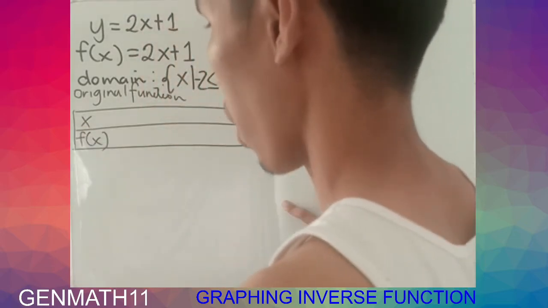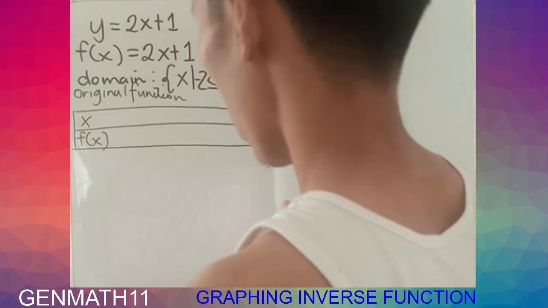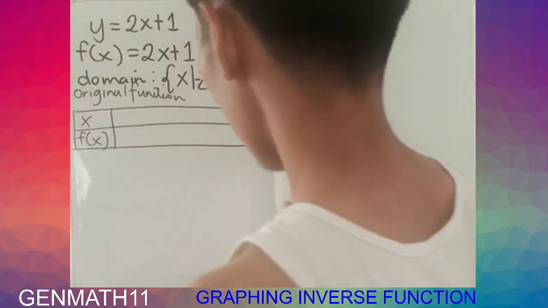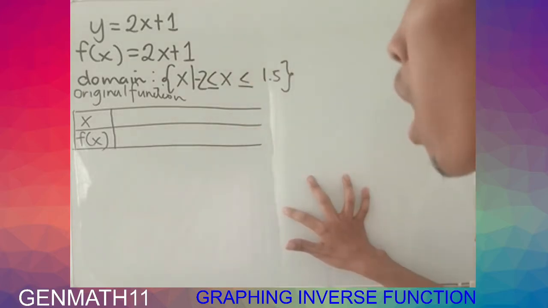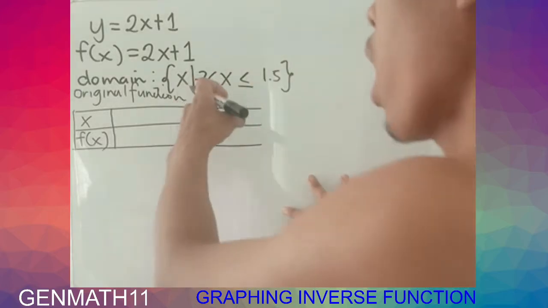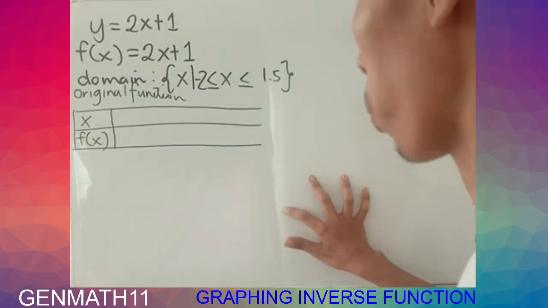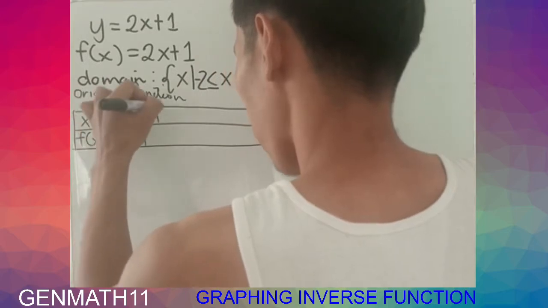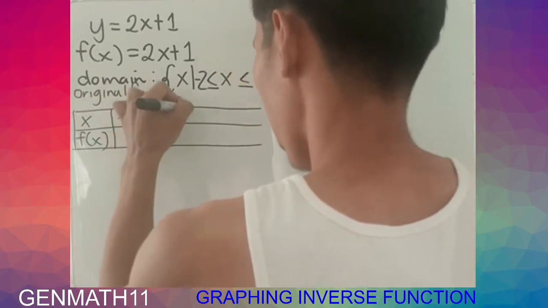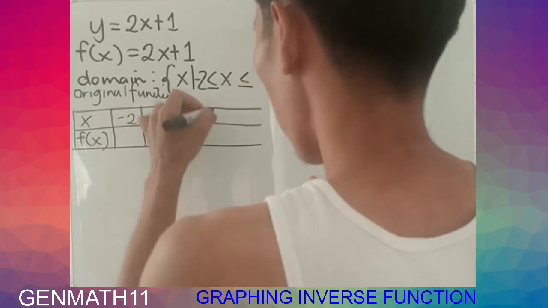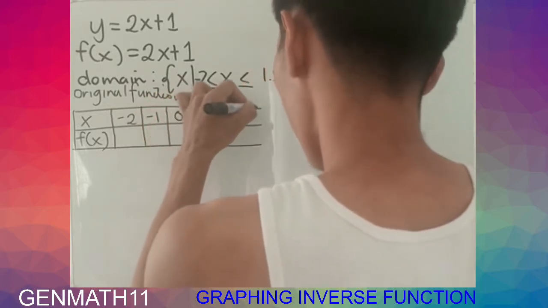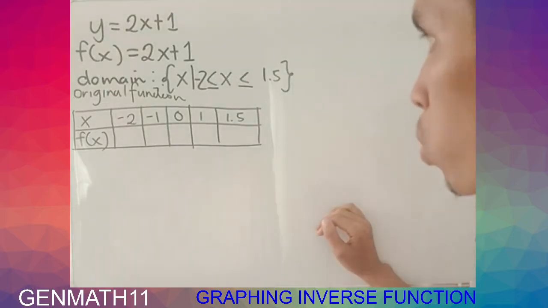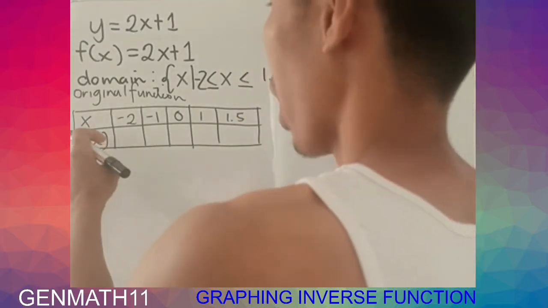Ginagamit natin ang f of x for functions, pero pwede naman ding y. Magbe-base tayo sa pag-create ng table of values in the restricted domain or the given domain. So, meron tayong negative 2, negative 1, pwedeng maglagay tayo ng 0, 1, then hanggang 1.5 lang. So, nakapag-create na tayo ng table of values. Ang gagawin na lang natin, hahanapin na lang natin yung kanyang range.